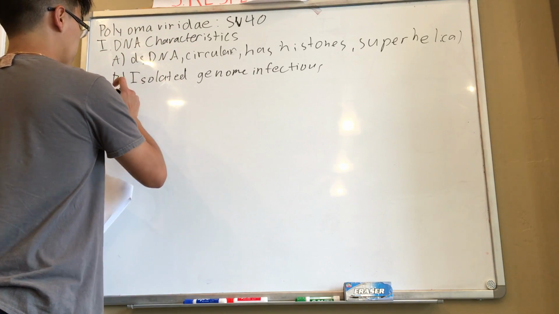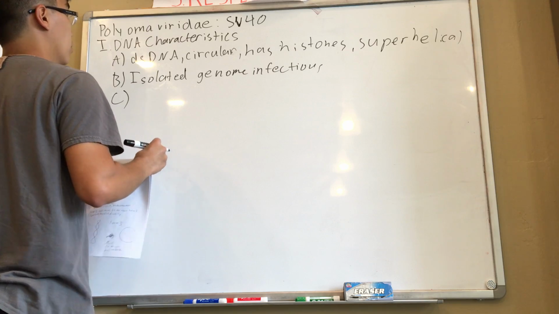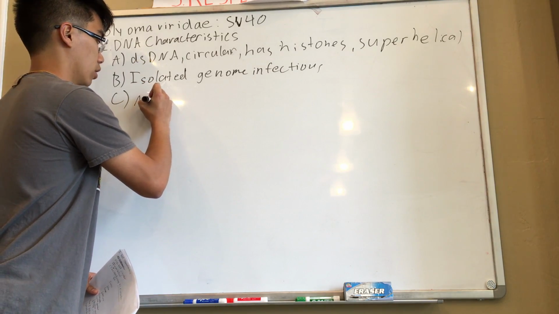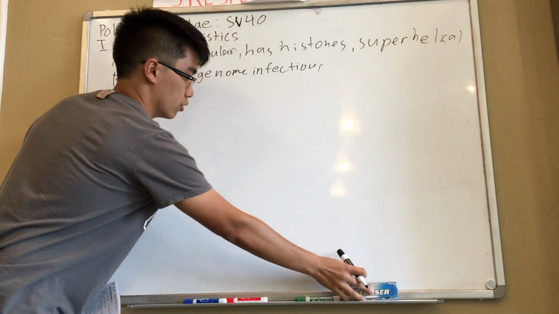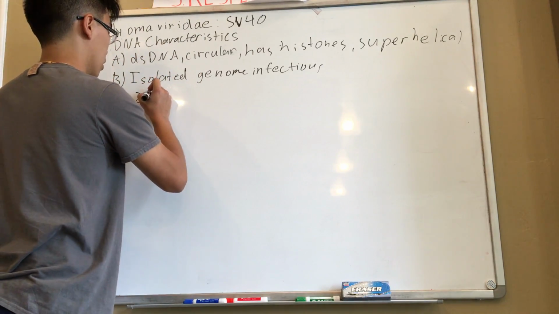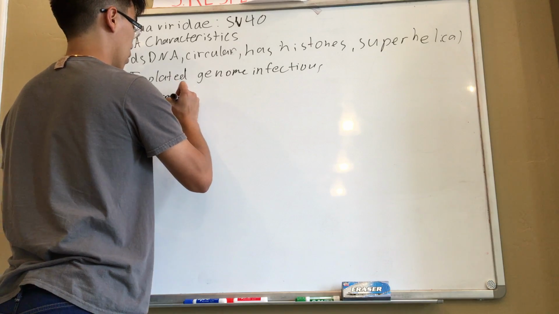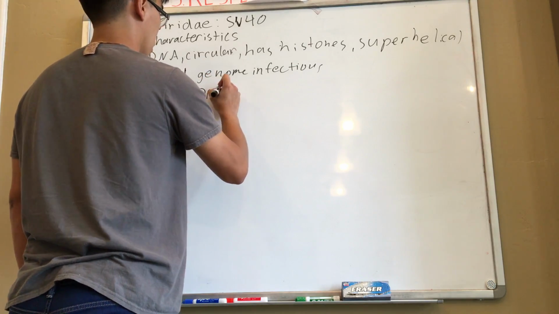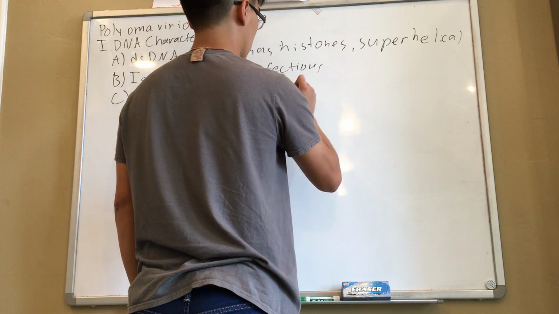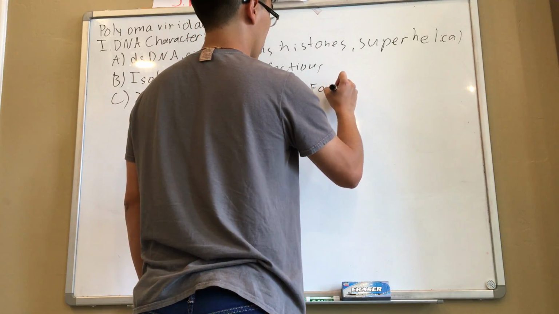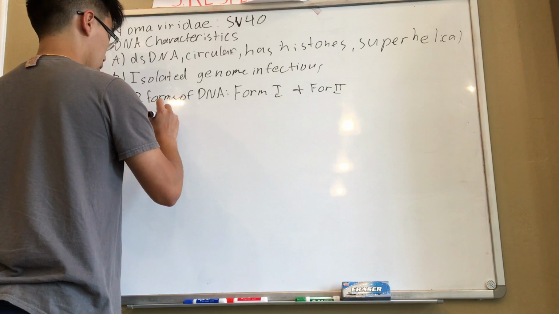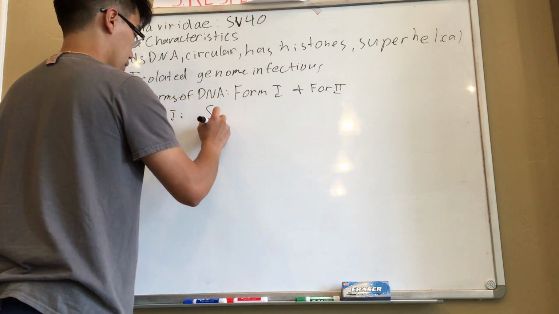Okay, so now Polyomaviridae normally has two forms of DNA. Form 1 and form 2. Now, form 1 looks like this.